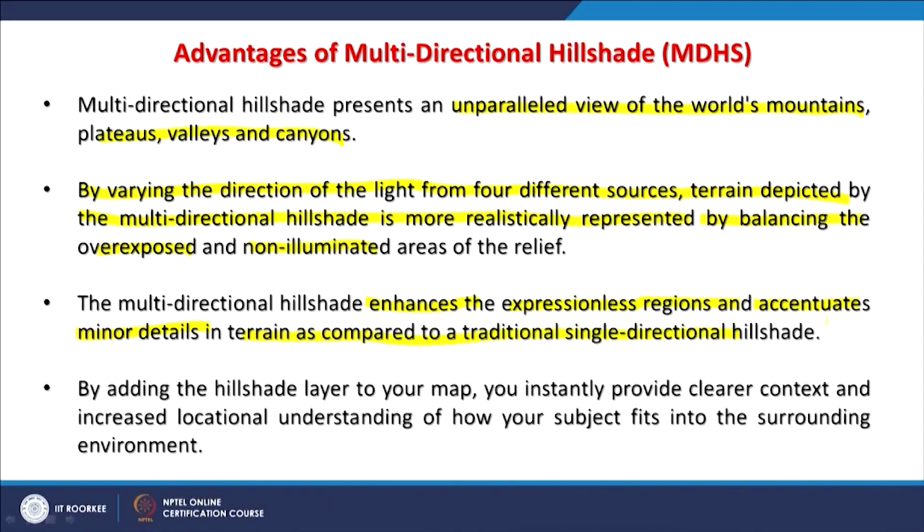And by adding this hillside layer to your map, basically as I have been discussing, your presentation becomes very convincing, very clear. I gave the example of the San Andreas fault or Bhuj or Kutch region, and instantly people will feel very convinced and they may show very much interest, and it provides a clear context and increased local understanding of how your subject fits in the surrounding.